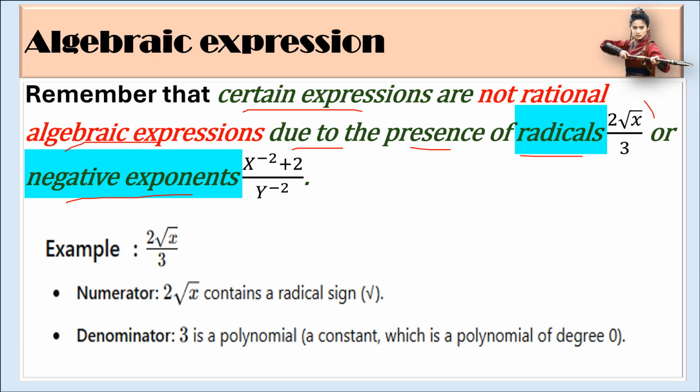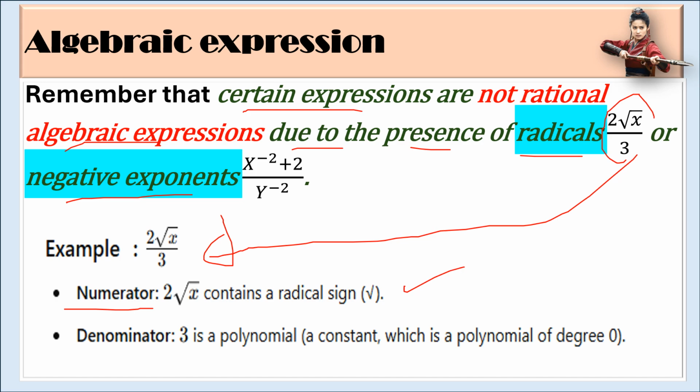So let's have an example: 2 square root of x over 3. The numerator, 2 square root of x, contains the radical sign. The denominator is 3, which is a polynomial, a constant with a degree of 0. But combining these two, it is not a rational algebraic expression.